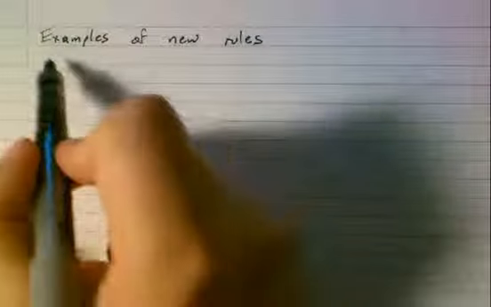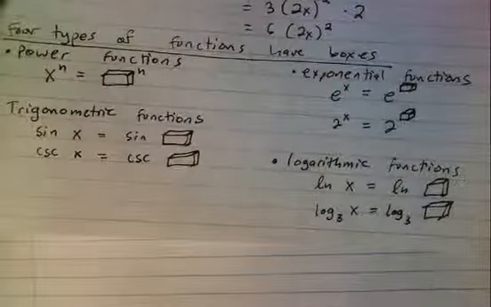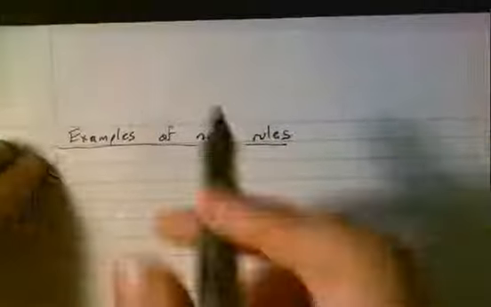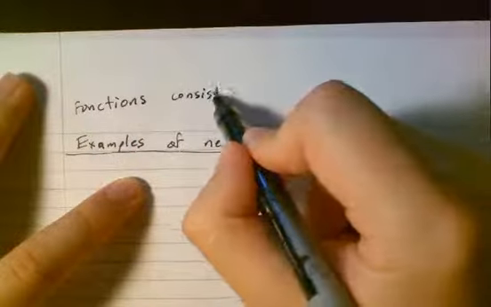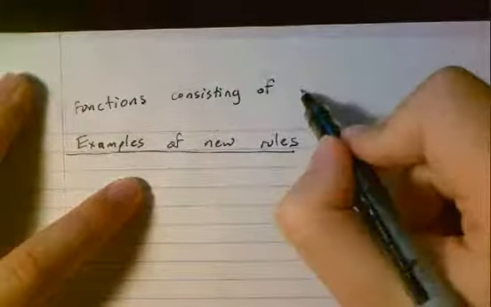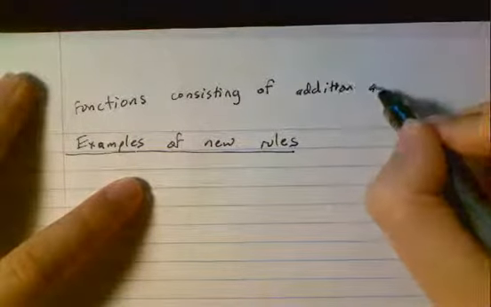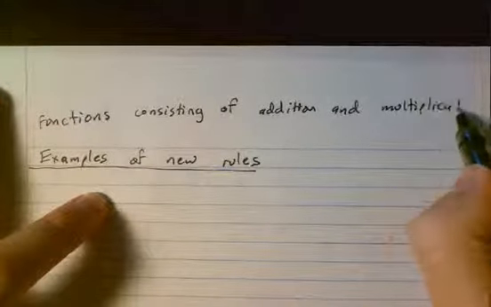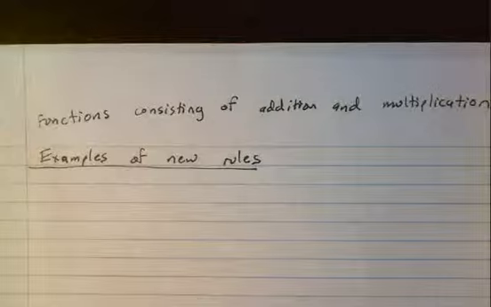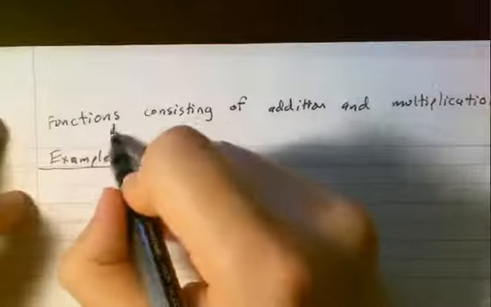Oh, one thing we should add in before we do this, looking back at these functions that got boxes on the previous page, I just want to add in that functions consisting of addition and multiplication, without any of the 4 types of functions that we saw here, do not get boxes.